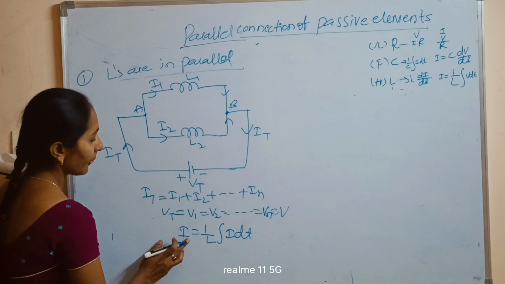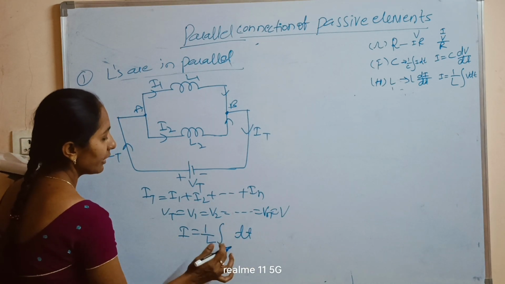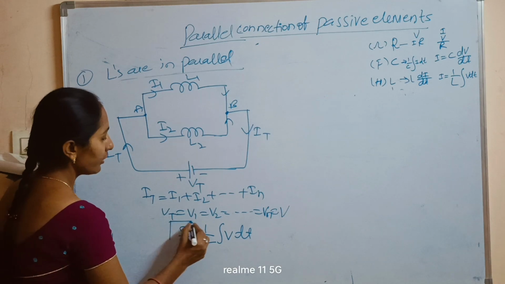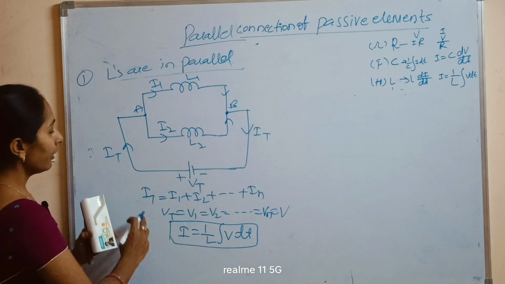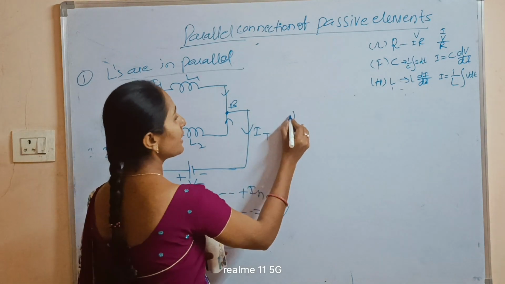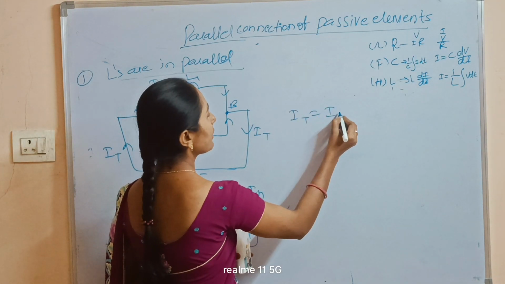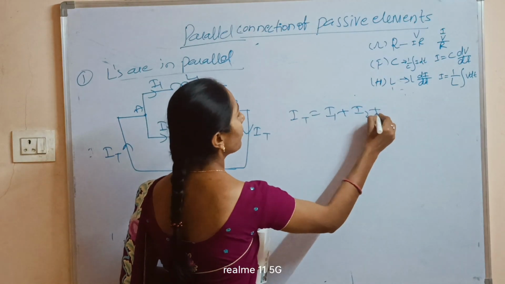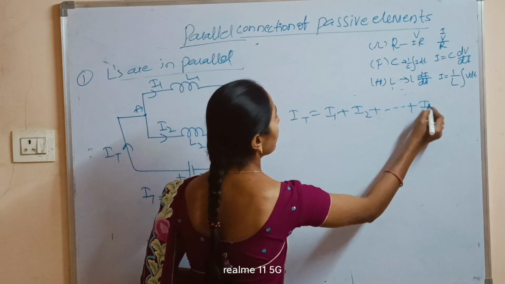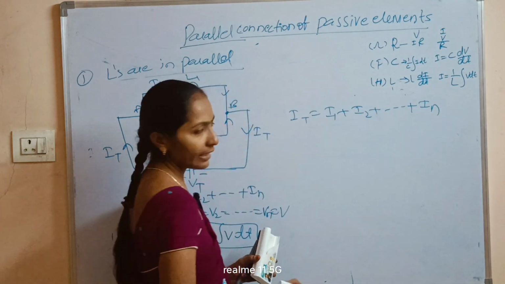Okay. So here, V dt, sorry, it is V dt. Okay, so based on this formula, we can write the current expression here. I total equals, what is the consideration here? I1 plus I2 plus n numbers connected in parallel, consider it as In.